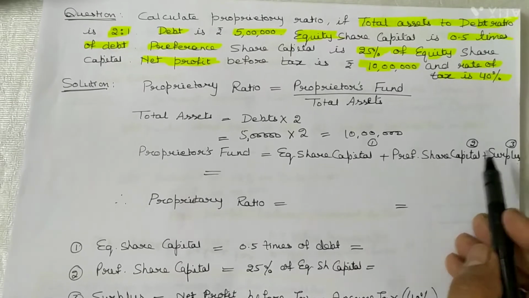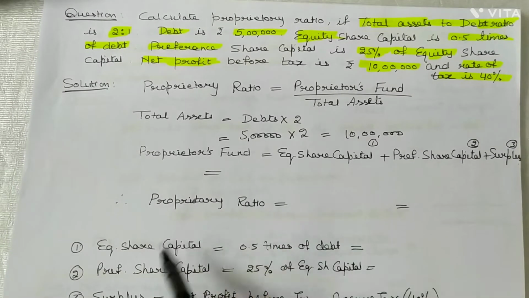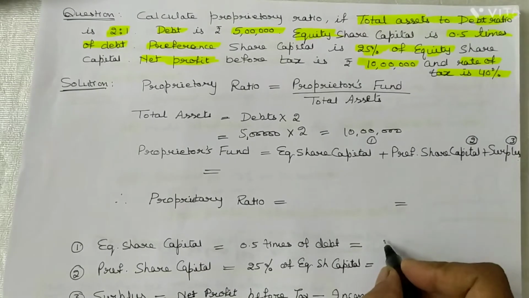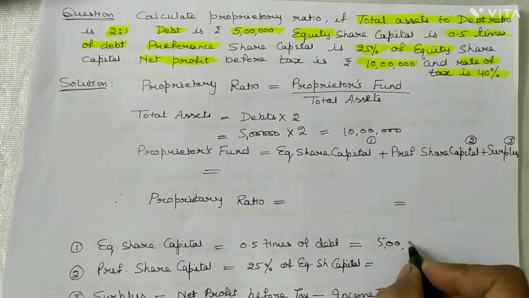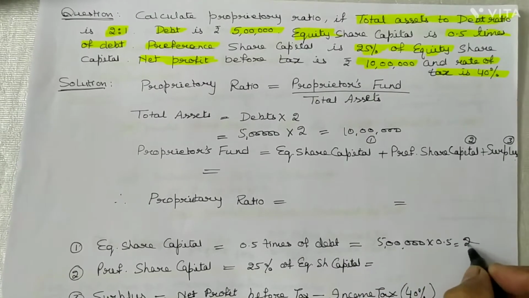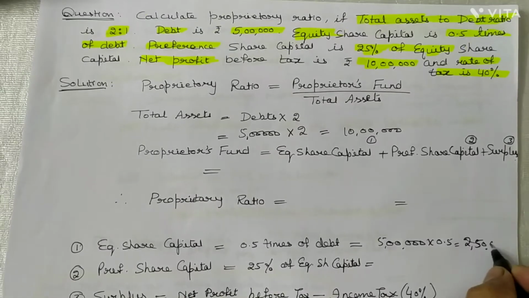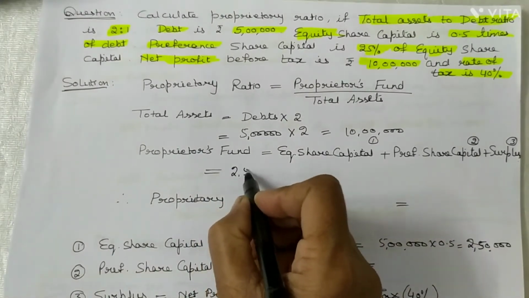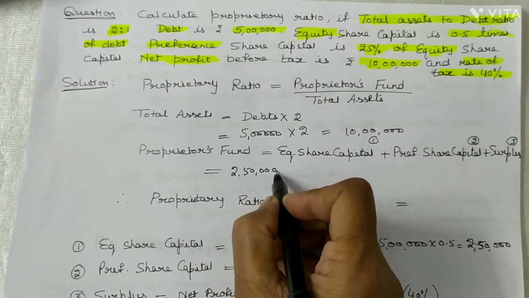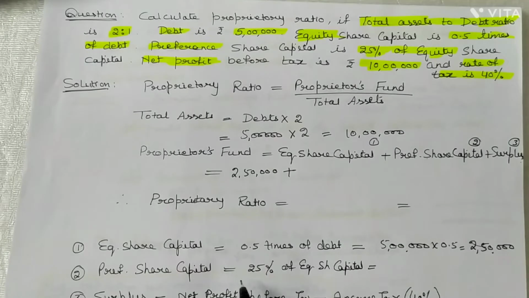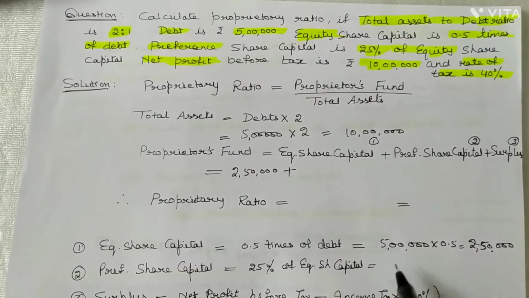So let me take one by one. Equity share capital is equal to 0.5 times of debt. Debt is how much? 5 lakh. Multiply by 0.5 is equal to 2,50,000. So you have to write 2,50,000 here. Plus preference share capital. Preference share capital is 25% of equity share capital.